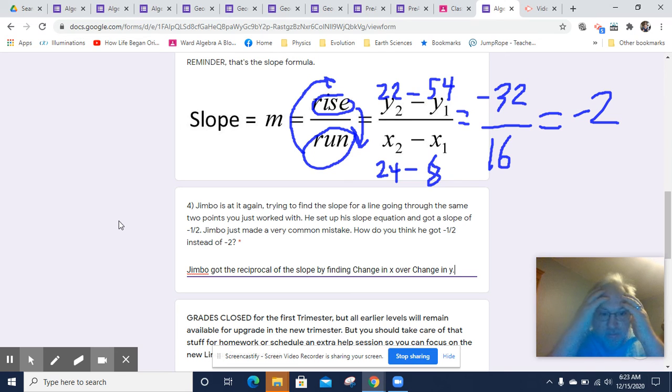The reason we're getting vertical change over horizontal change is we care about the change in the output compared to the change in the input. Think about miles per hour: miles on a trip are the output, and hours or time is the input. Time is usually an input.